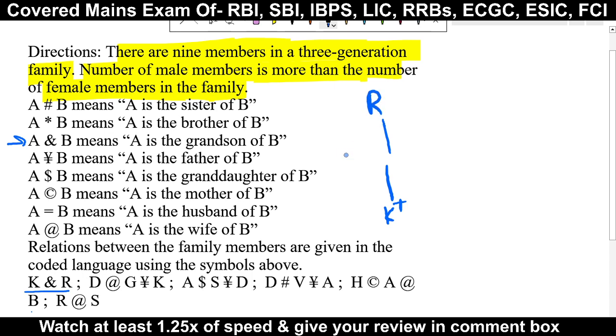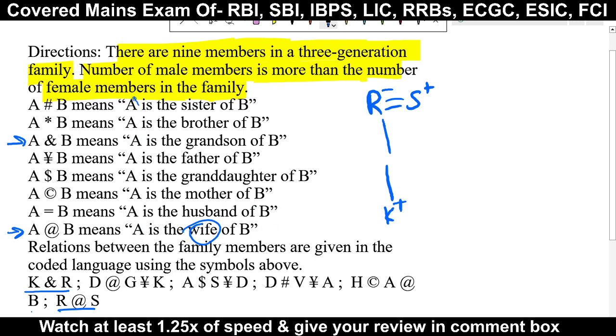Now we have R. Just focus, see where R is. R is here, R at the rate S. At the rate is here, so R is wife of S. Just read only this part; if you read this also together, it will be confusing.